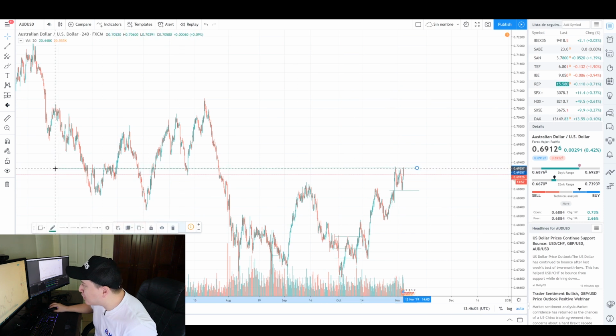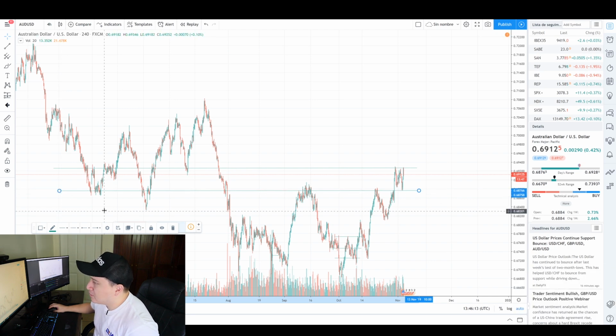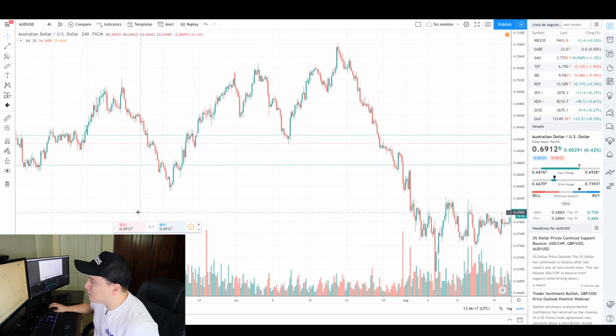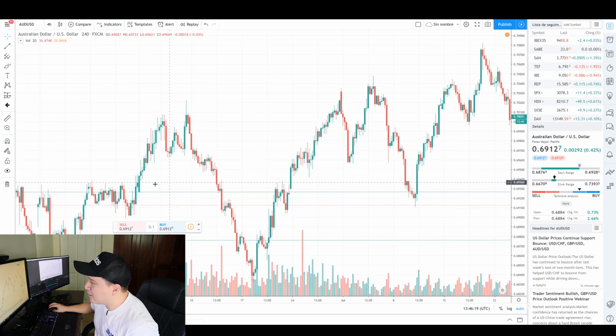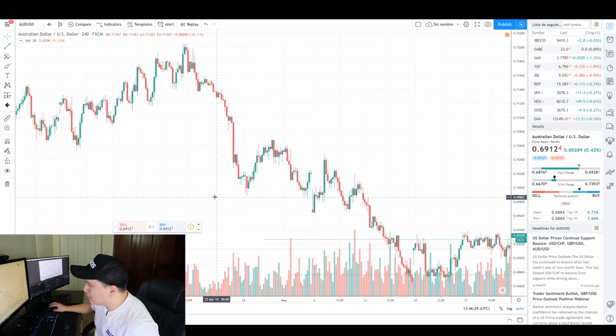This one right here, I'm just going to draw a pretty high line. And this one in here, I'm going to do the exact same thing. There you go. So if we go right here, we're going to see that this support line has given money to people that traded here, and here, and all here, and this one was broken.